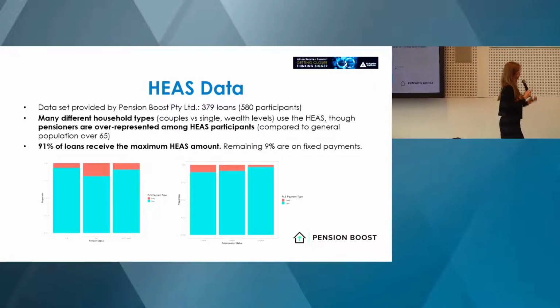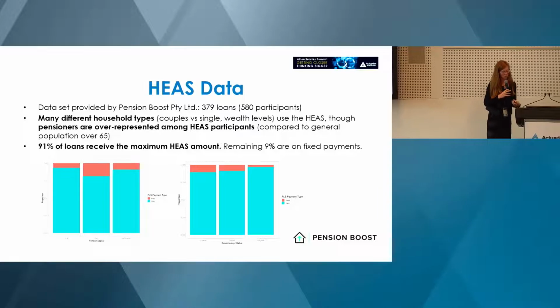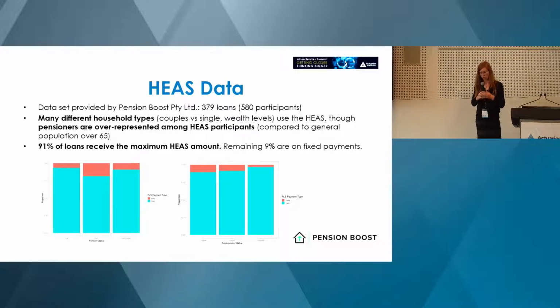What we find in their data is, first of all, more people on the full age pension apply for the scheme, as you would expect, because they tend to have lower wealth and income than part pensioners or self-funded retirees.